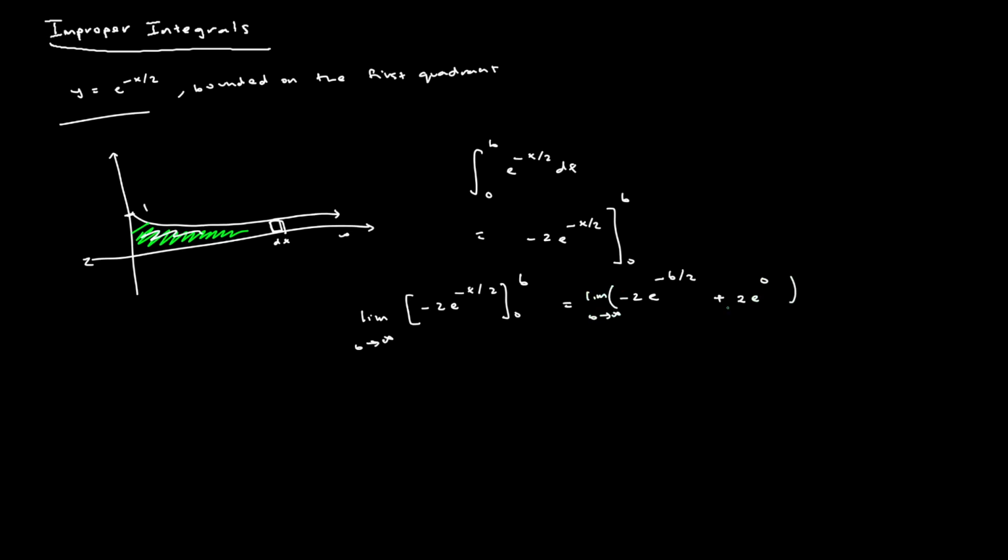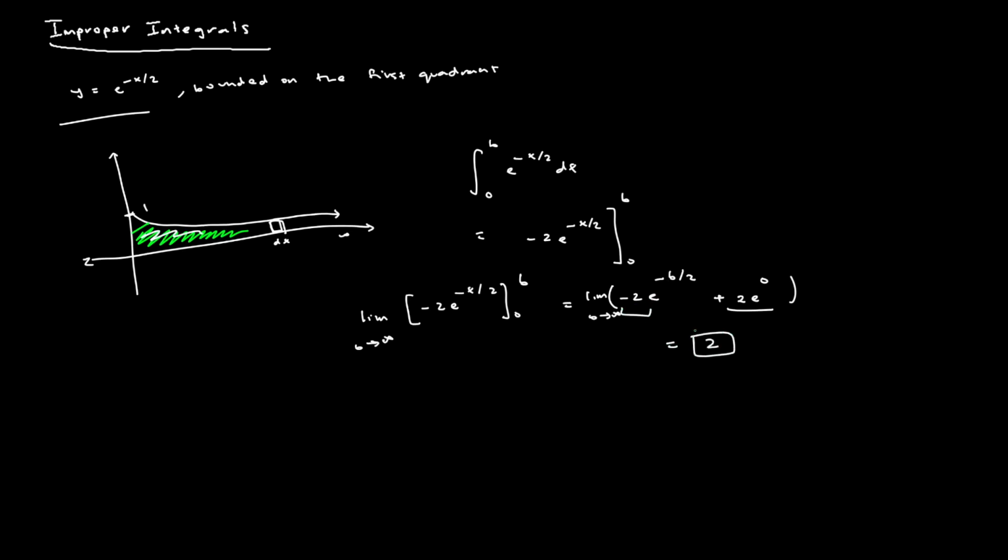The right side just evaluates to 2, and as b tends towards infinity, we know that the term e to the negative infinity will go closer and closer to 0. So this whole term will just tend towards 0. And so our total area evaluates to 2.